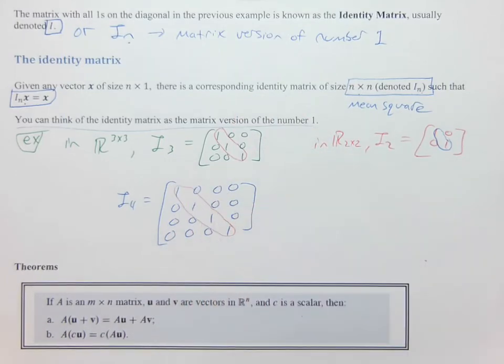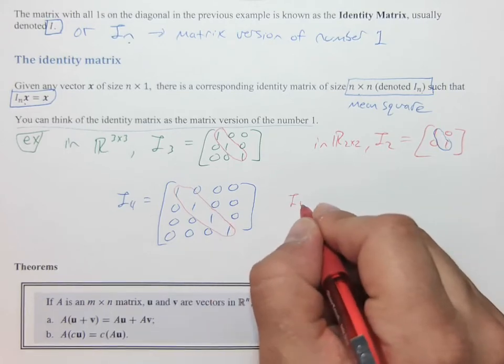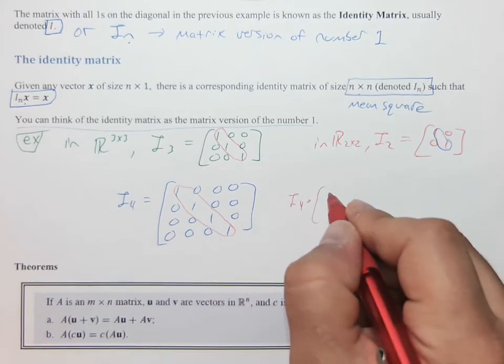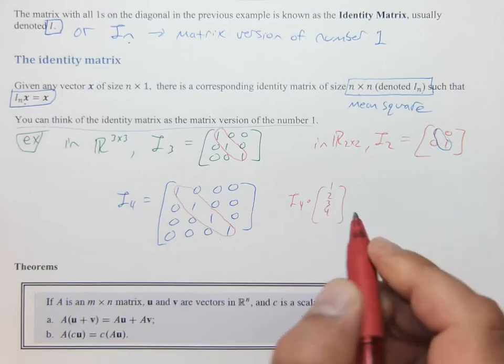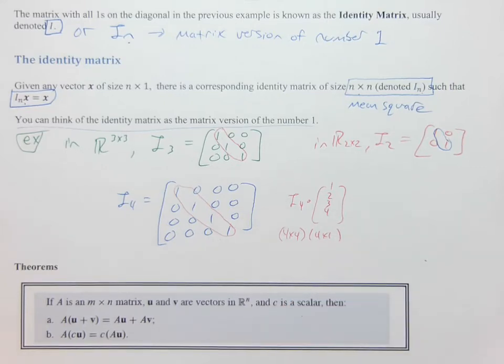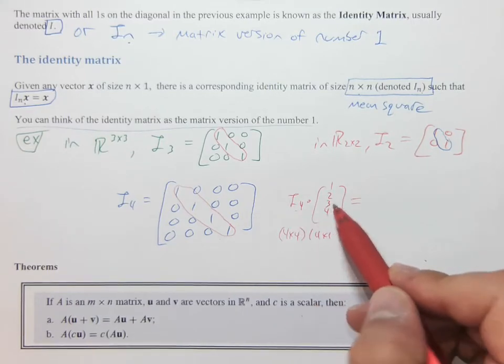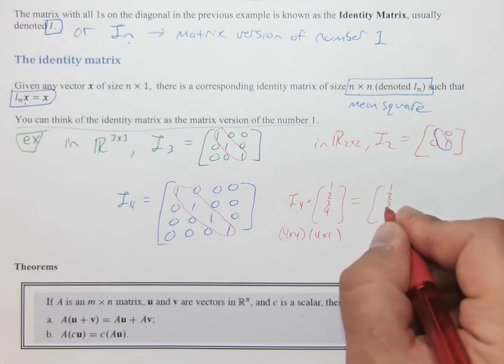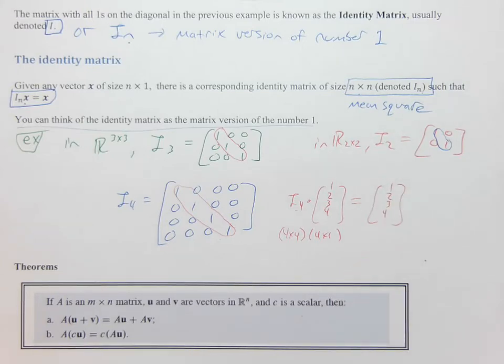One of the key things we're learning right now is when we multiply I4 times, say, a column vector 1, 2, 3, 4, so a 4x4 times a 4x1, if we have the identity matrix, we don't really need to think about the answer. It's going to be whatever you're multiplying by, just like when you multiply by the number 1. It just stays the same.